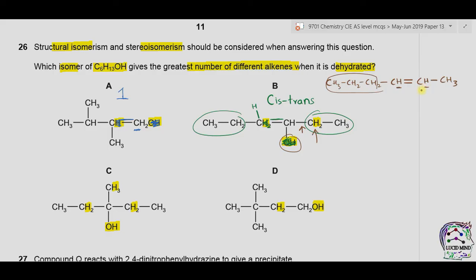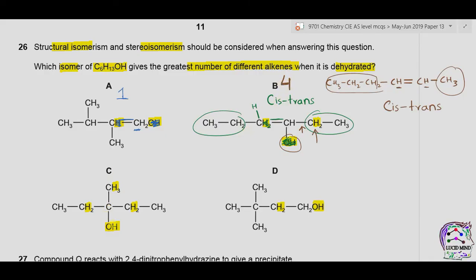Similarly, one hydrogen atom is present with this double bonded carbon and one alkyl group is attached. So cis-trans isomers are possible. As we can see that no carbon is present that is having four different atoms or groups attached. So no optical isomer is formed, only these four cis-trans isomers are formed. So in B we have four different products.